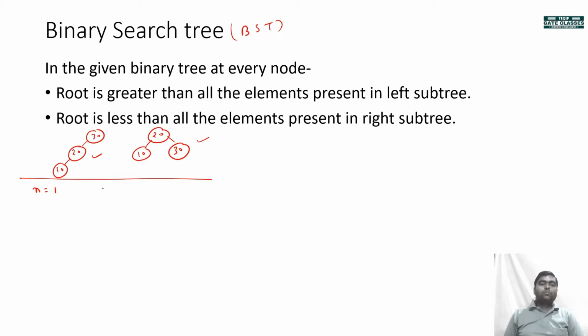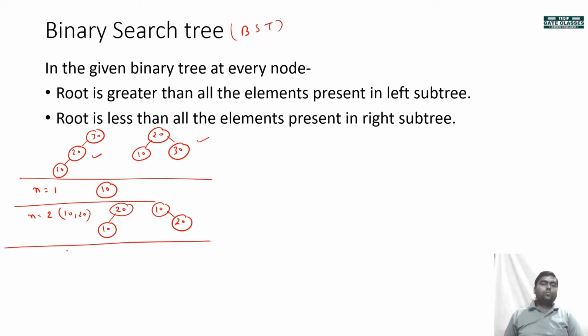For n equals 1, let us suppose the element is 10 only, so it is okay. For n equals 2, let us suppose keys are 10 and 20. How many BSTs are possible? So this is one case, and this is another case. So this is for n equals 2.